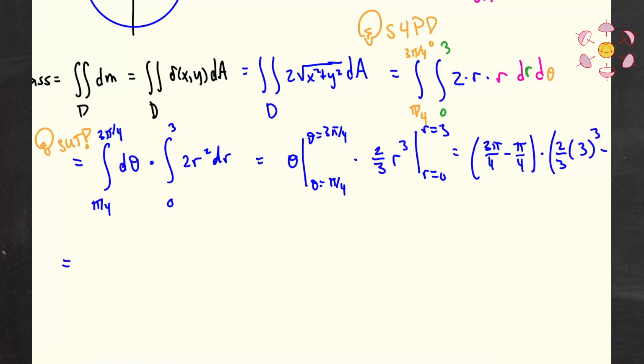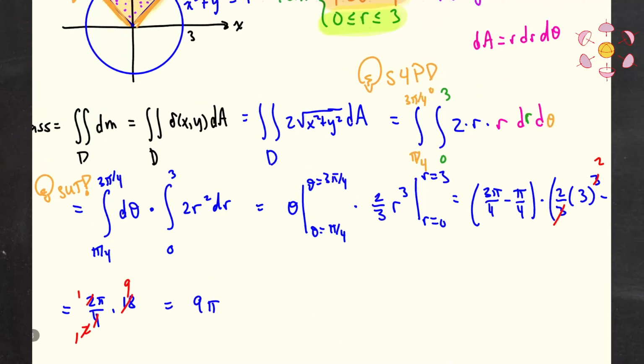Okay, almost done. Let's continue down here. So 3 pi over 4 minus pi over 4 is 2 pi over 4 times, and then let's see, actually, cancel the 3 out. I've got a 3 squared. What is that? That is 9 times 2. That's 18. Okay, couple simplifications here. 2 pi over 4 is 1/2, and then of course I can pull out 2, and I'll be left with 9 pi.